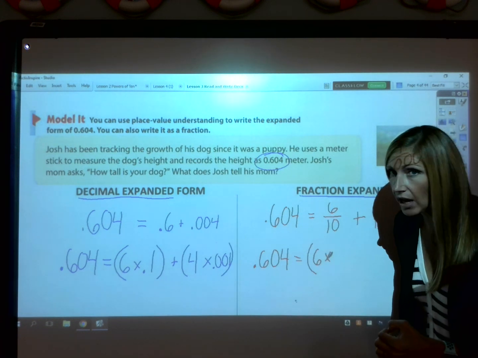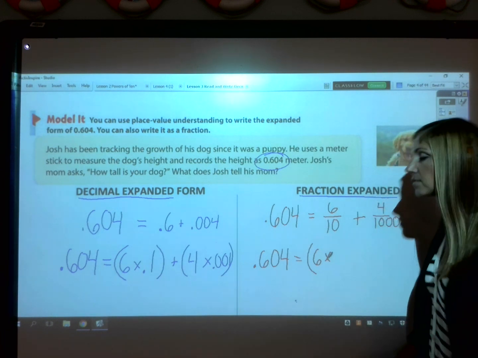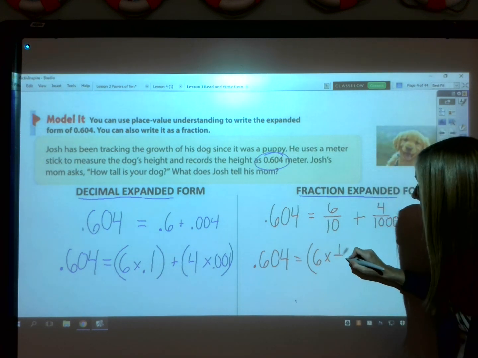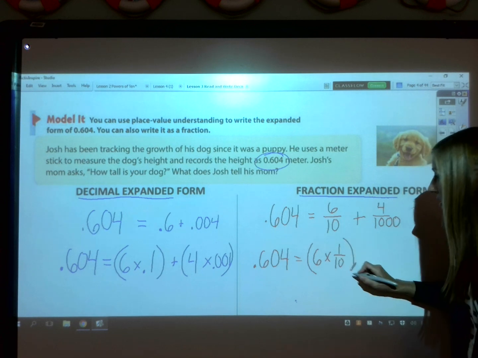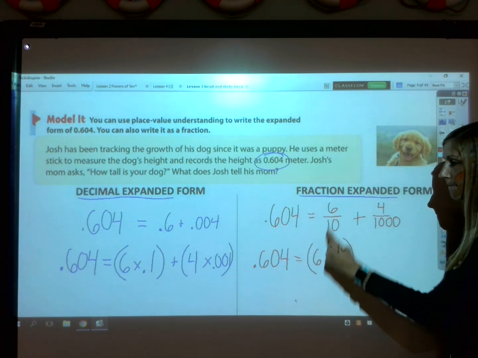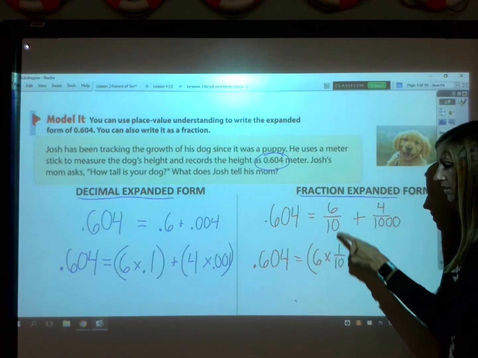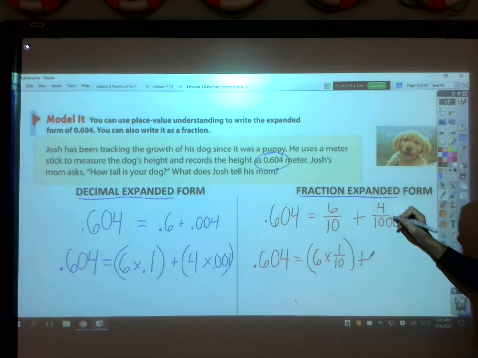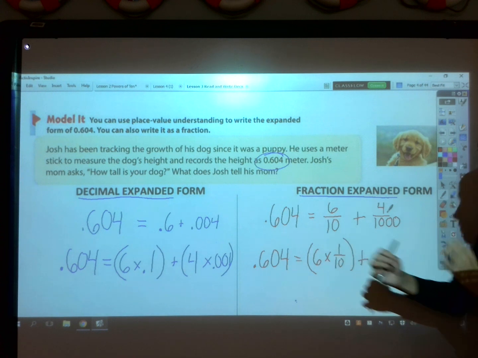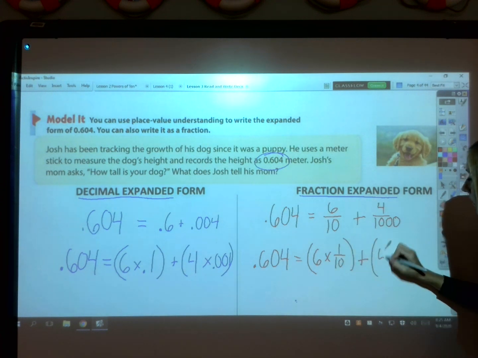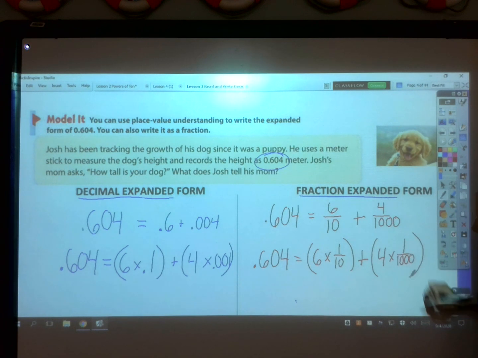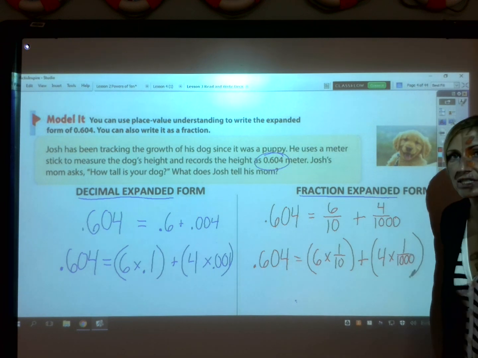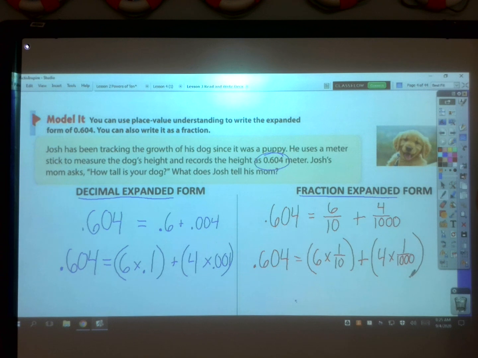And its place value is what again? Tenths. So we're going to write our fraction 1/10 this time. See how I took the digit out and its place value is separate. I'm going to add that to our ripped out 4 times 1/1000, showing where each digit is in a place value.